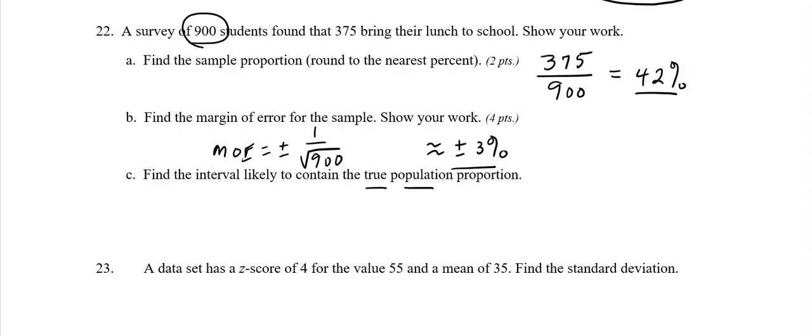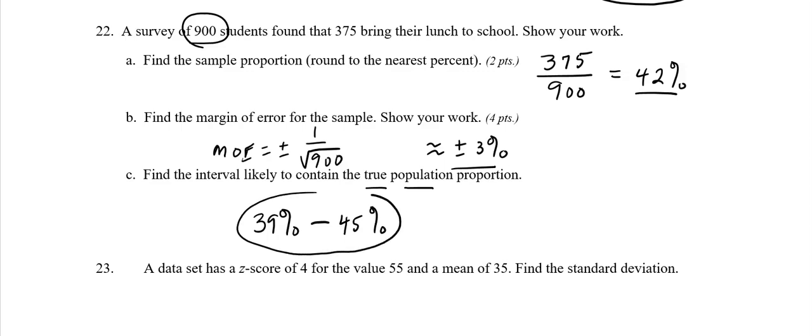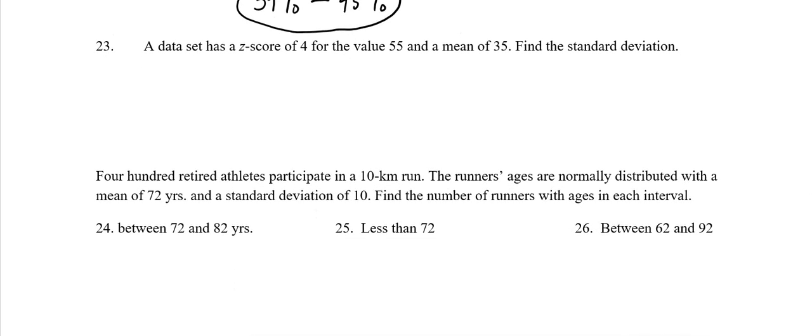So just take 42% and subtract 3%, and then take 42% and add 3%. And now we feel a little bit better that we have a true representation for these people who bring their lunch to school. All right.